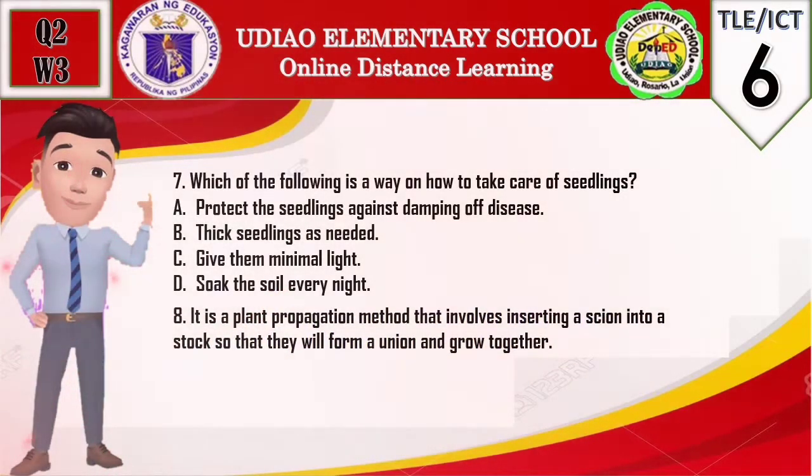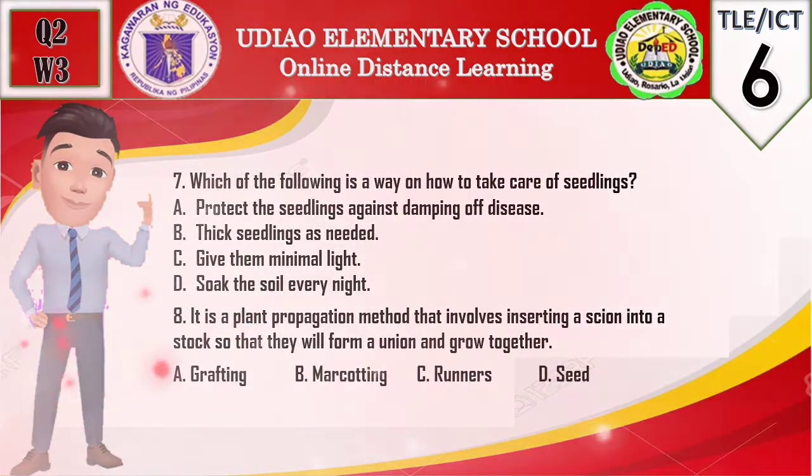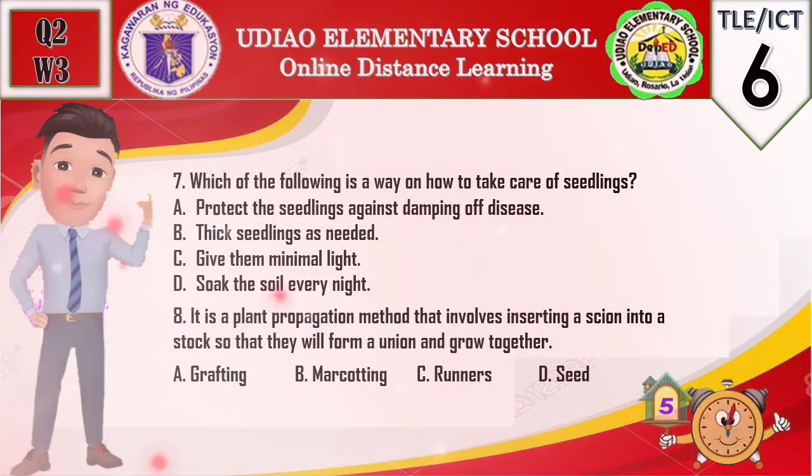Number 8. It is a plant propagation method that involves inserting a scion into a stalk so that they will form a union and grow together. A. Grafting. B. Marcotting. C. Runners. D. Seed.